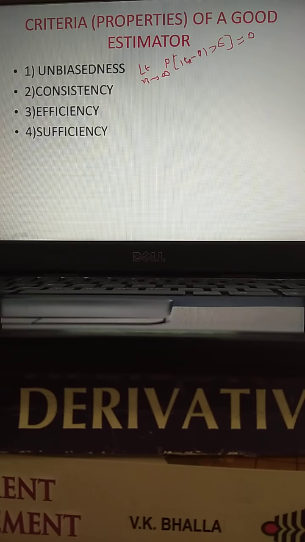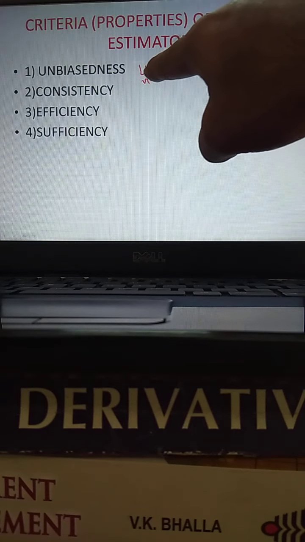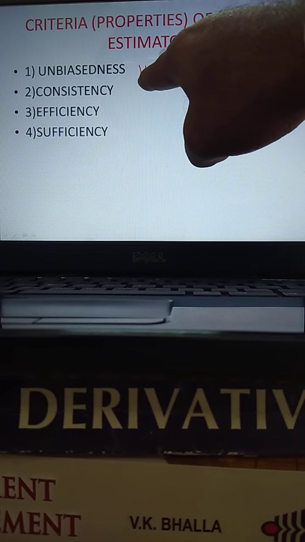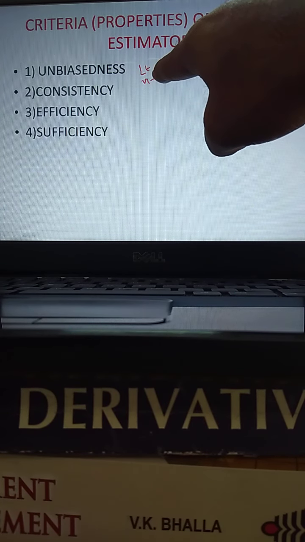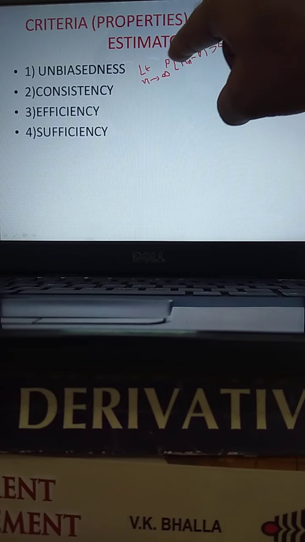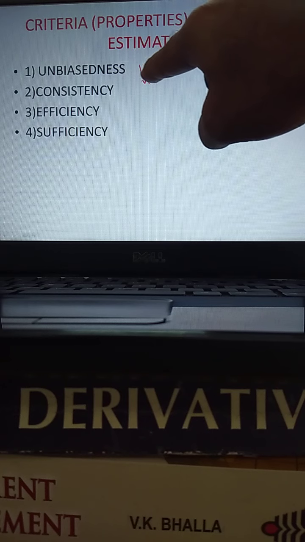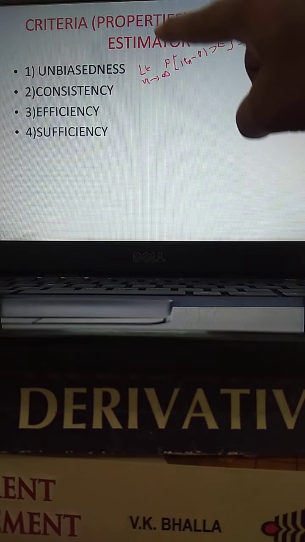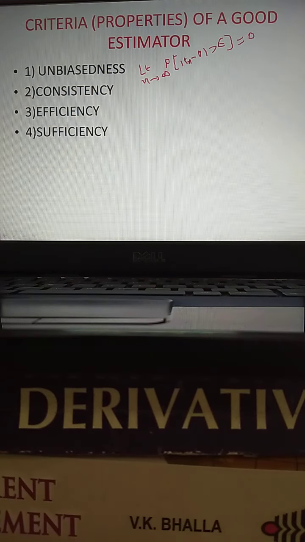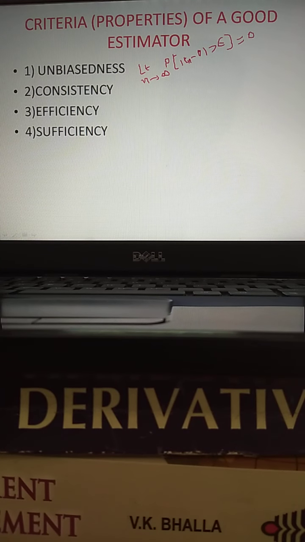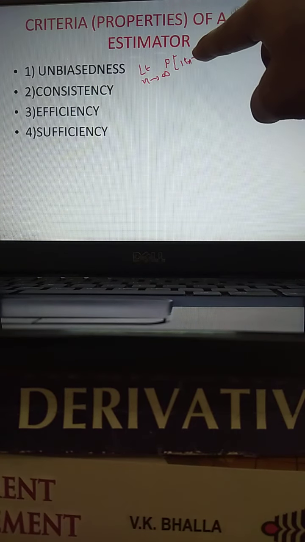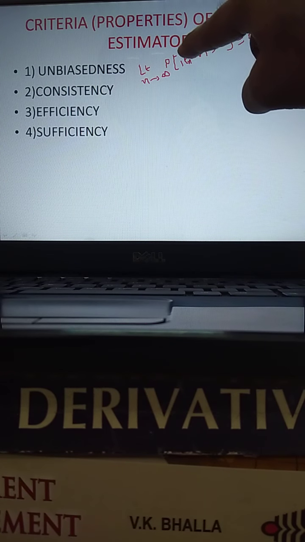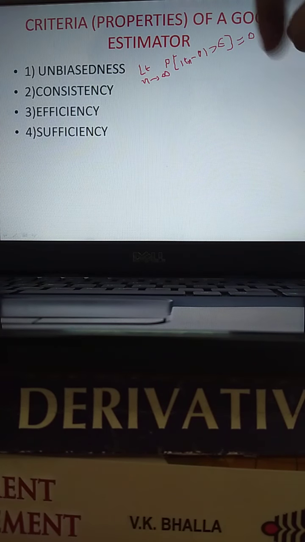What do you mean by this? Whenever n becomes very large, the information you get from the sample is going to be almost equal to the population information. Tn means the sample information, theta means the population information.